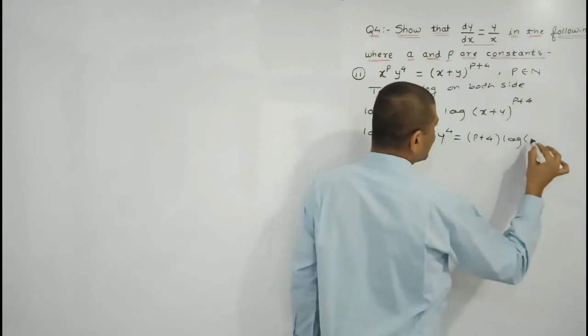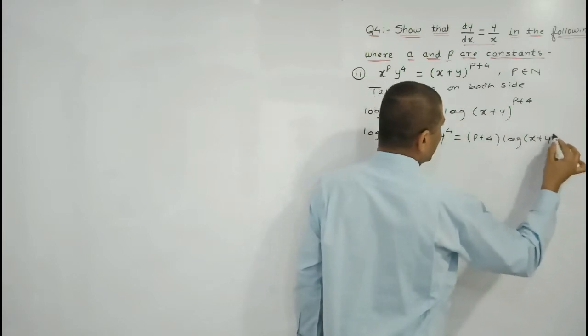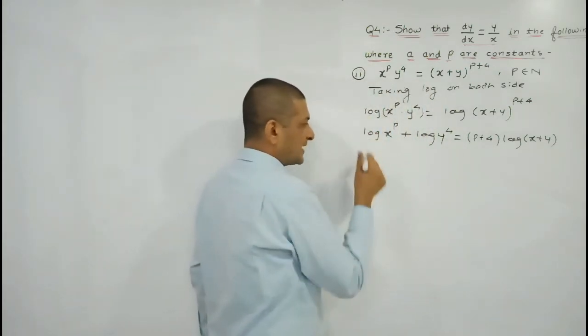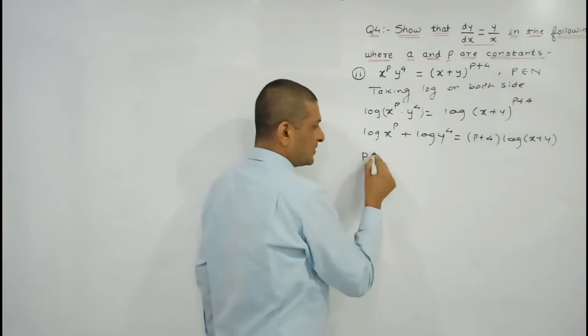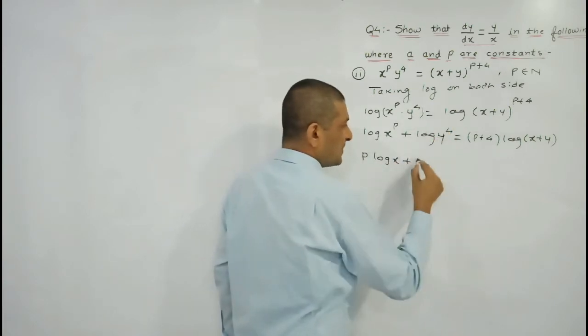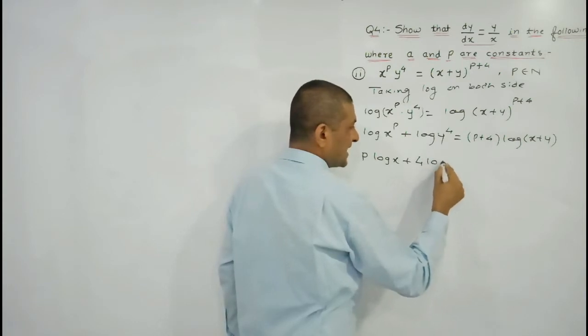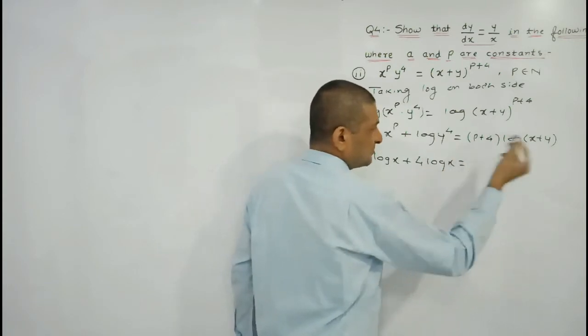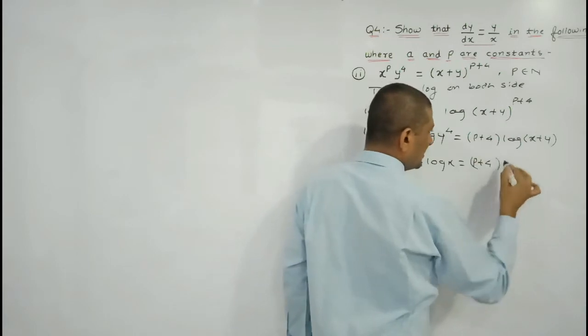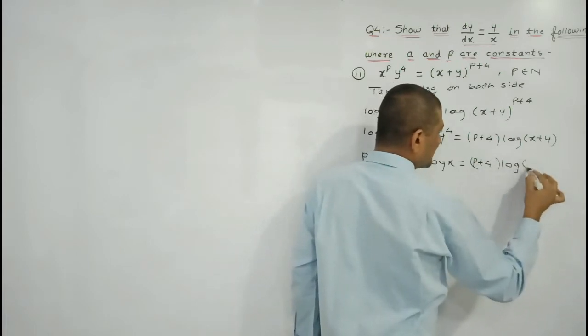So log of x plus y, keep it as it is. Again, according to the laws of logarithm, the power p can be taken as a coefficient, and here 4 is the power which we are taking as a coefficient. On the right hand side, keep it as it is: p plus 4 into log of x plus y.